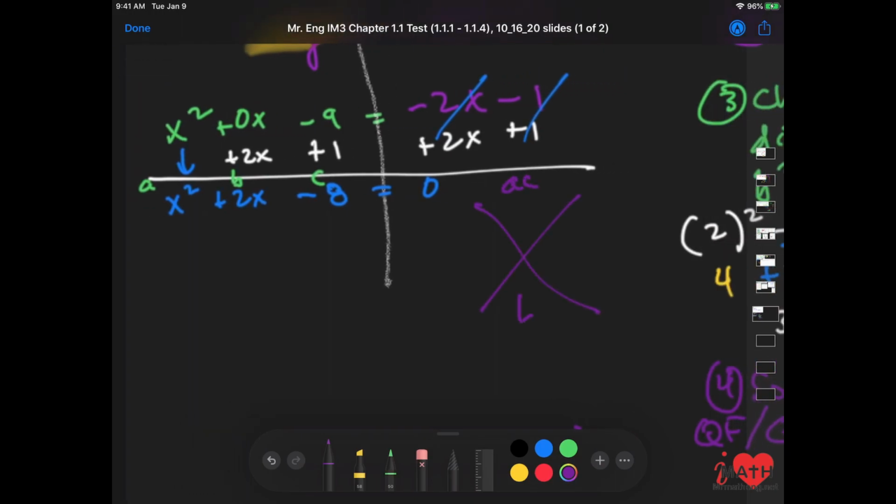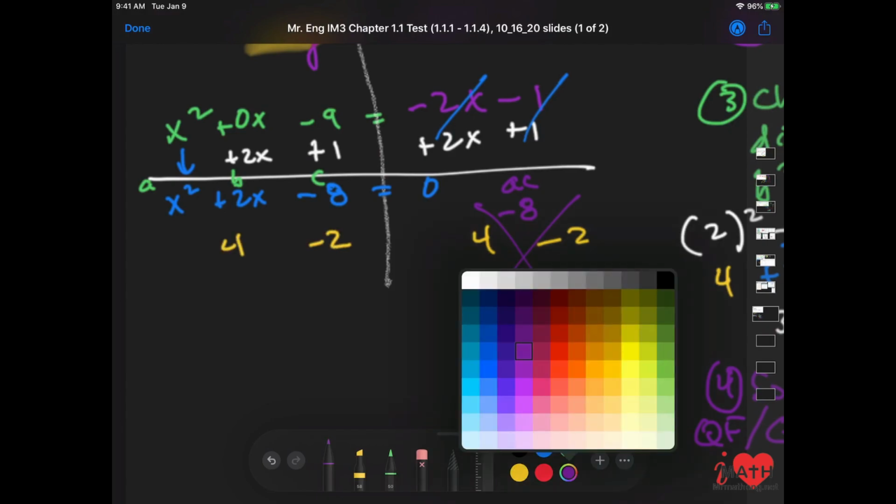A times c is -8, b value is 2. 2 numbers that multiply to be 8 are 1 and 2. And could they add to be 2? Well, this one has to be a negative. Remember, if a value is 1, you don't have to use the box.